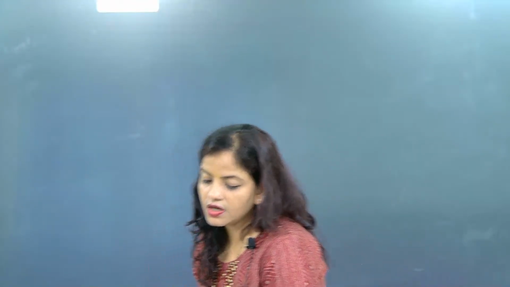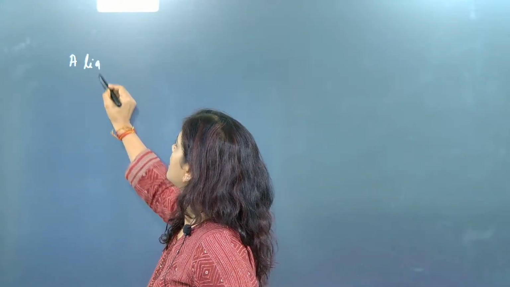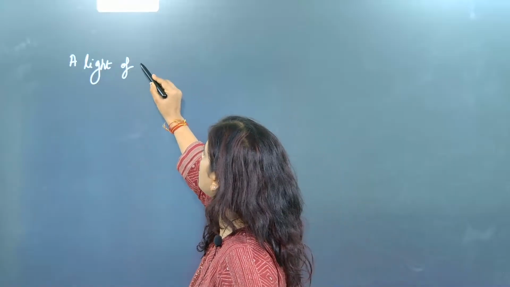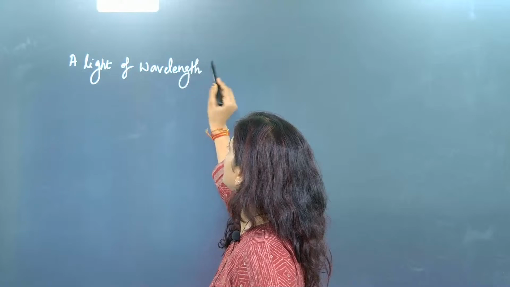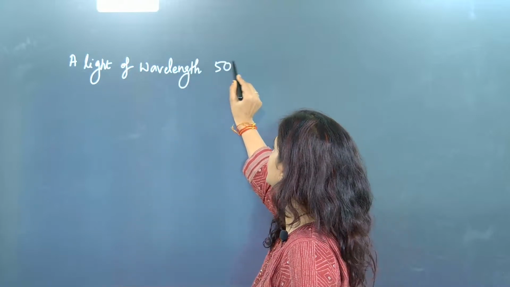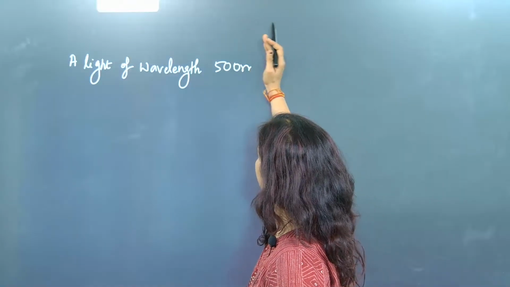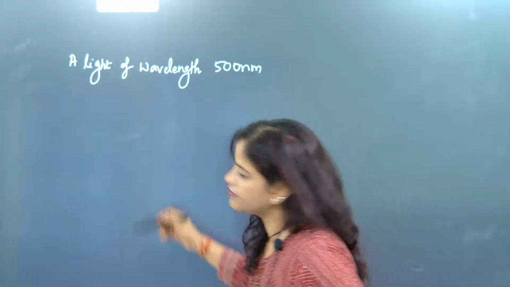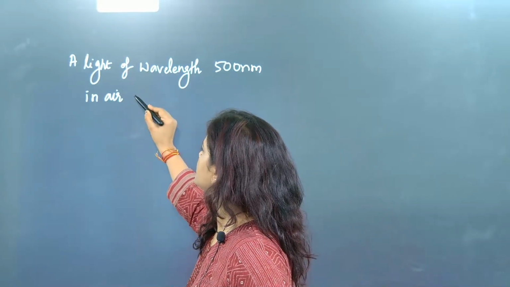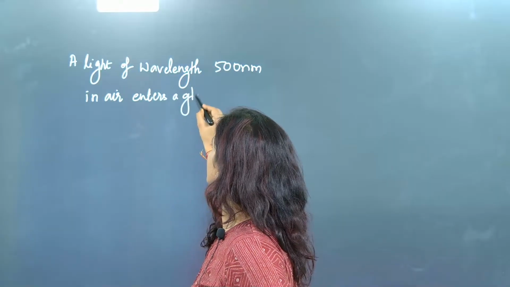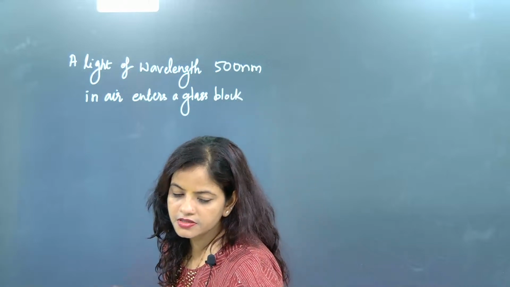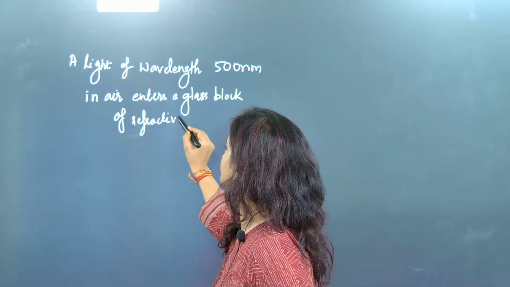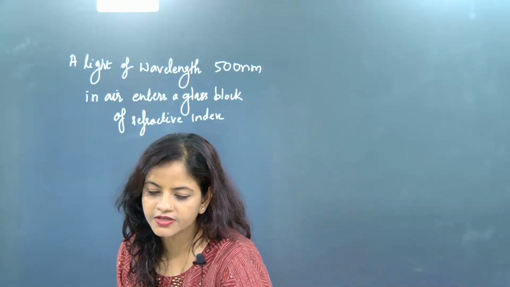A light of wavelength 500 nm in air enters a glass block of refractive index.